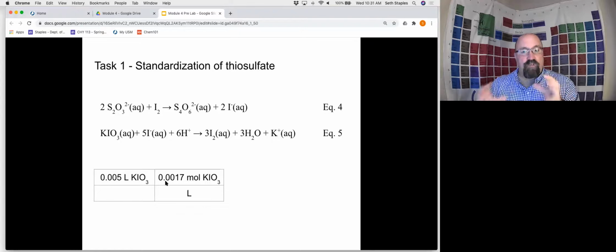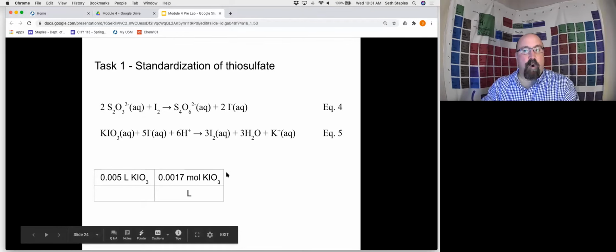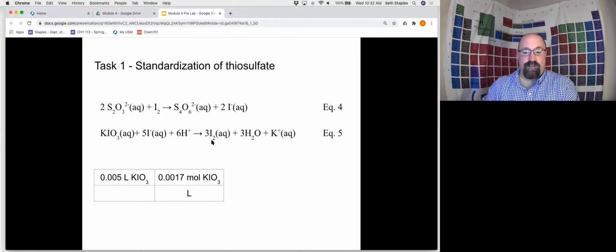And so just this information here would tell us in our standardization process how many moles of KIO3 we are actually starting with. And so if we know how many moles of KIO3 we start with, then we can just use our molar ratio to figure out how many moles of I2 had to have been formed.